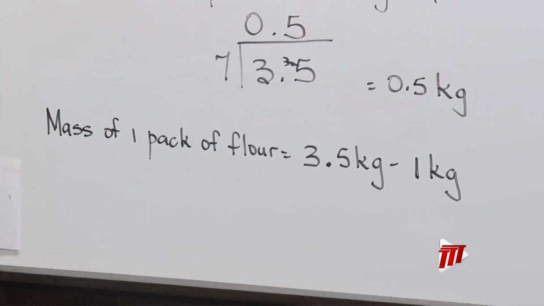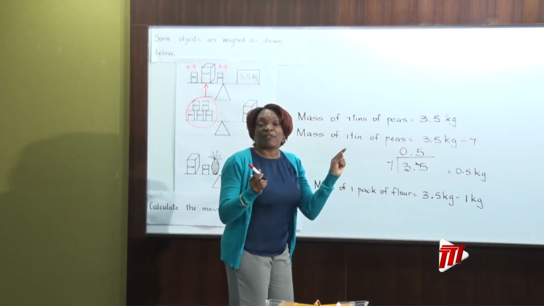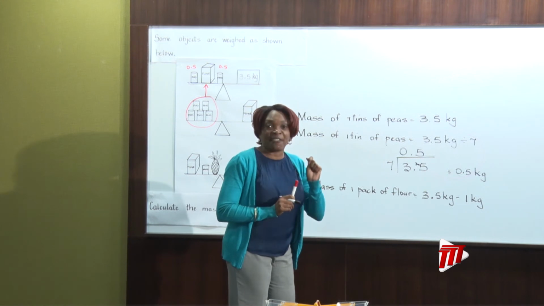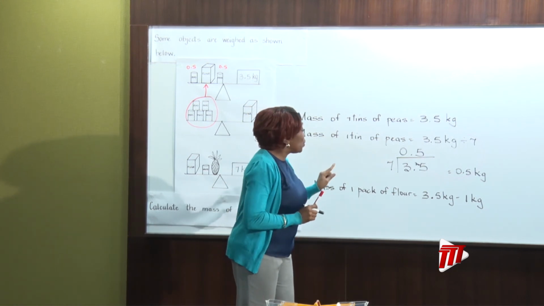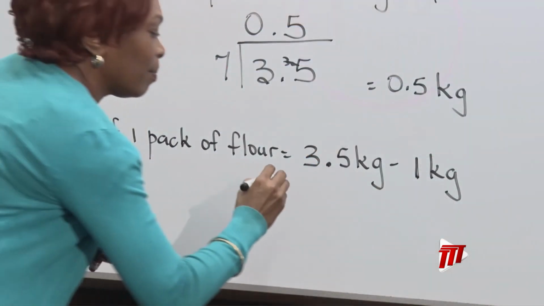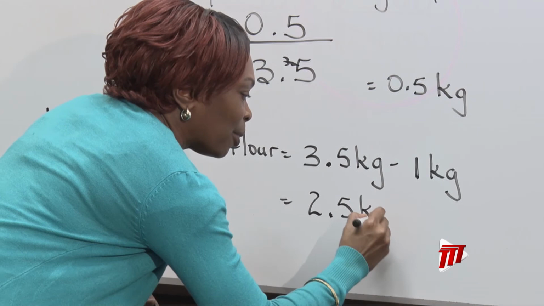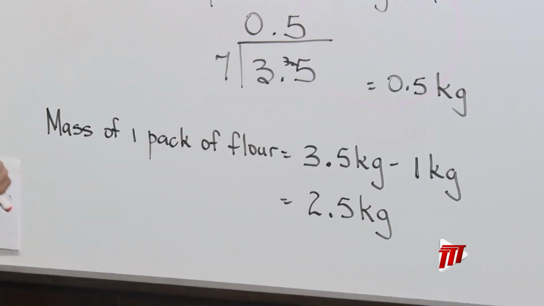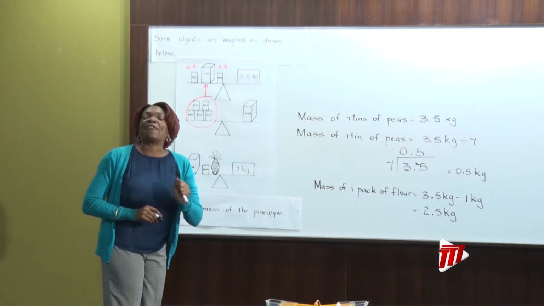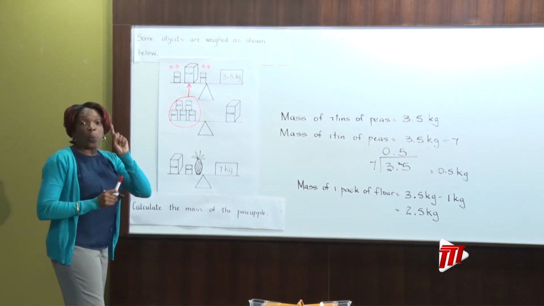Remember where we got the 1 kilogram? I'm reminding you now, remember we put the mass of the 2 tins together. 5/10 and 5/10 give us 1. So now the mass of 1 pack of flour will be 2.5 kilograms. Children, are you with me so far? So we are saying that 2 and 5/10 kilogram represents the mass of 1 sack of flour.